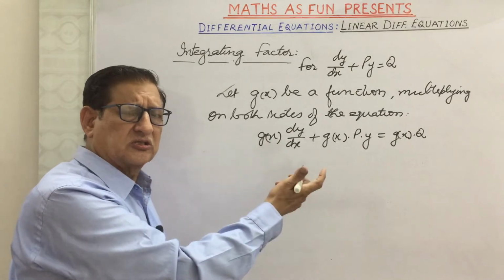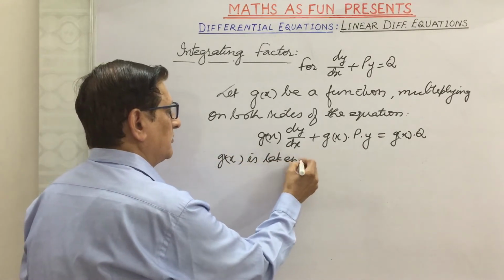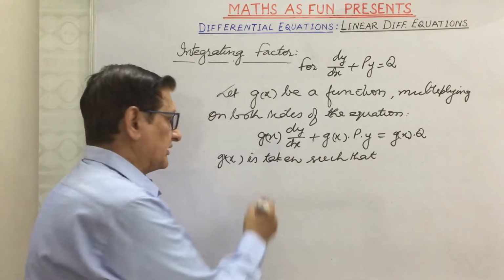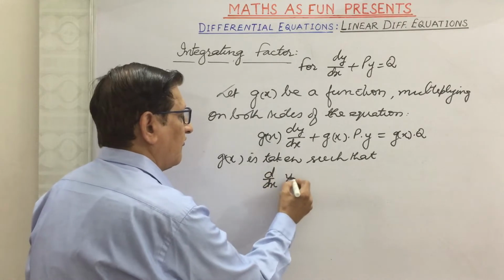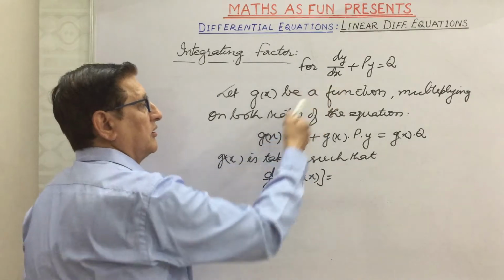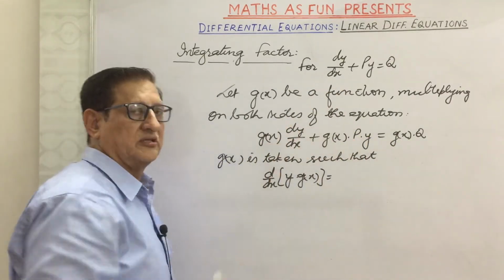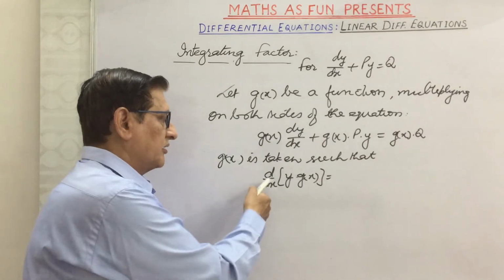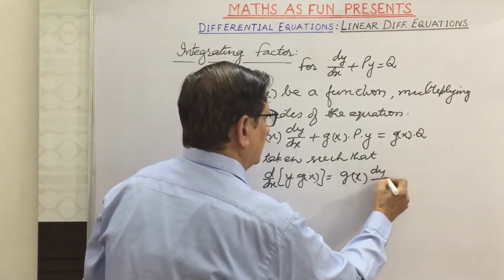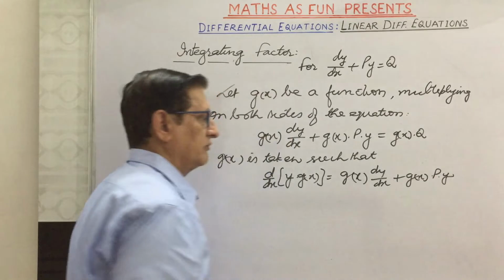This gx is taken in such a way that the derivative of y into gx is equal to the left hand side here. So we write d by dx of y into gx should be equal to gx into dy by dx plus gx into p into y.